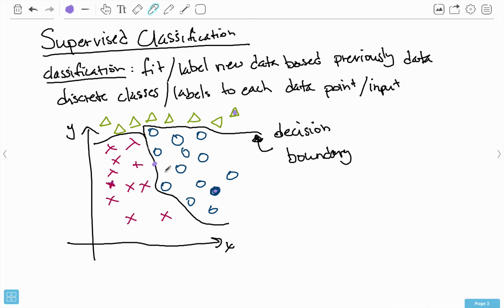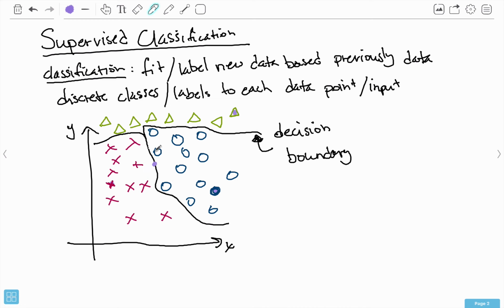You can't be 100% certain. And if you look at this point over here, it becomes clear that this could be a red X or it could be a blue circle. It just depends on what this boundary specifically looks like. But given new inputs, I want to be able to give them one of these labels.